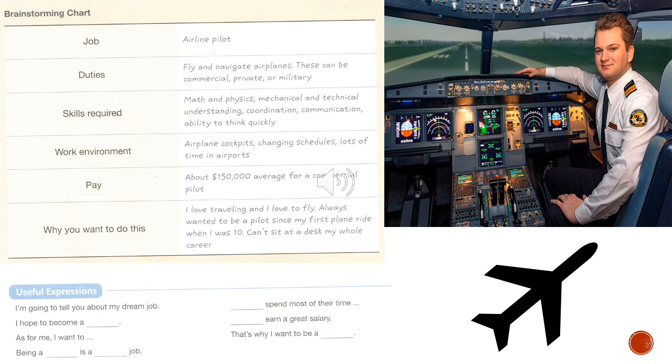And then when you're saying something about you specifically, I want to be a pilot, then you go to the singular, or that's why I want to be a pilot. So be careful of that when you write your script for your presentation.